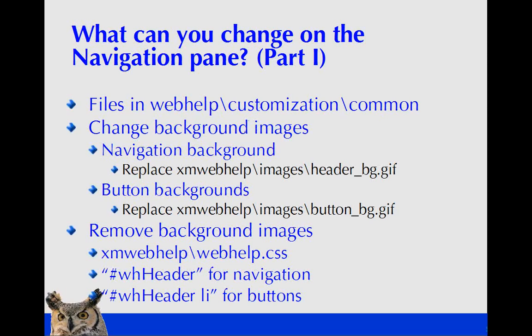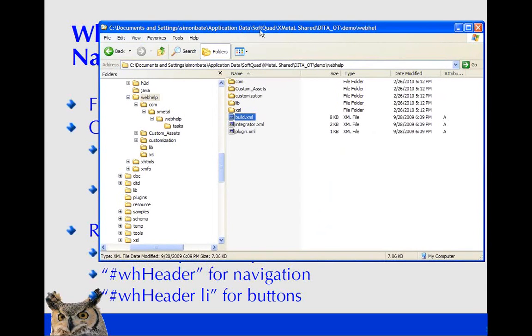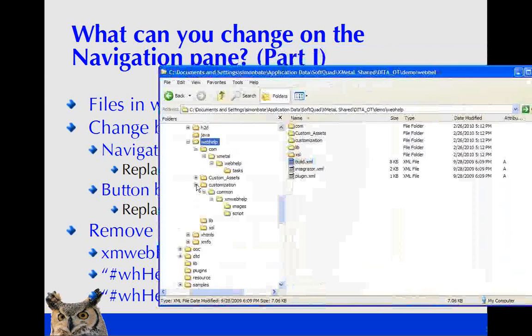So the first question might be here, then, what can you change on the navigation pane? By the navigation pane, we mean the upper area of the help. And most of the files that we want to look at changing are in Webhelp Customization Common.